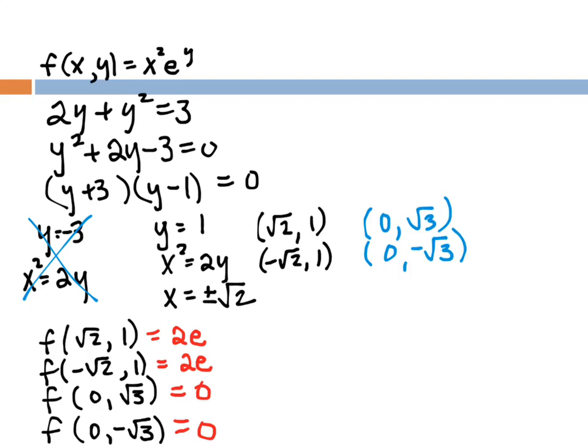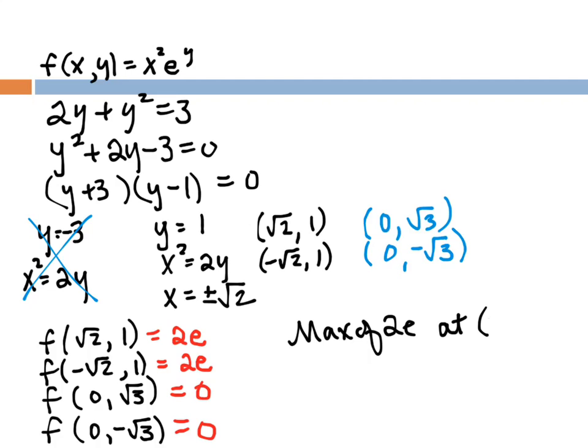Hang on just a second. Okay, so looking at this piece of information, which ones are max, which ones are min? Or what can I say at this point? Because that's what I'm looking for. Okay, so we have a max of 2e at 2 locations, right?